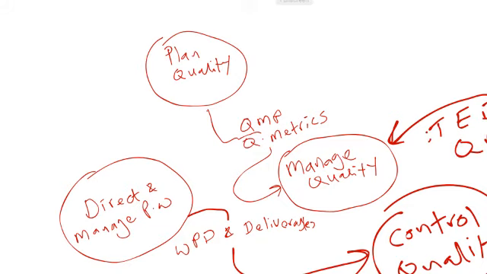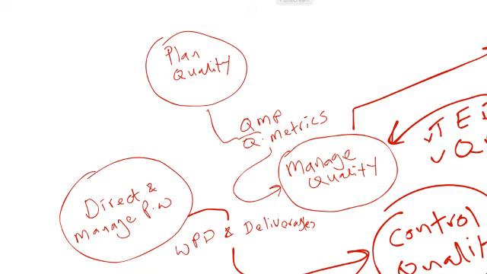Both of these come from control quality and go into manage quality. And then we also have quality reports being updated and sent out to other processes there. Oh dear, okay, I can see where your confusion is coming from, Arif.